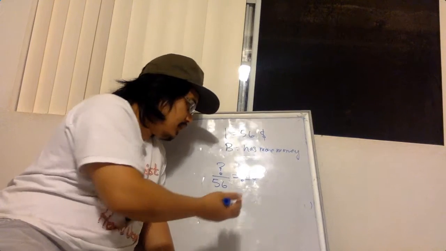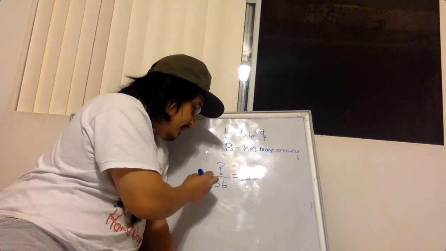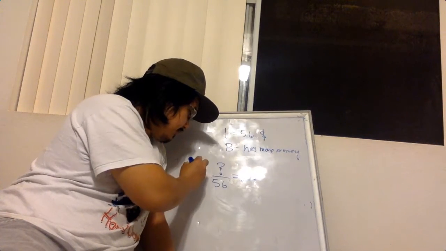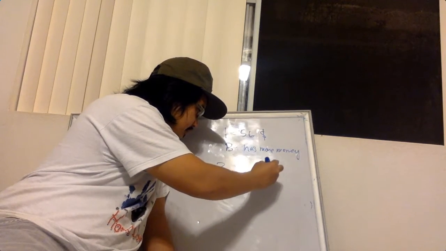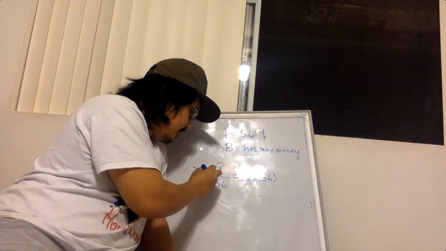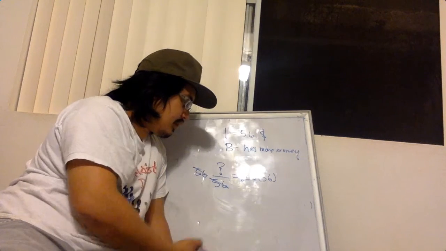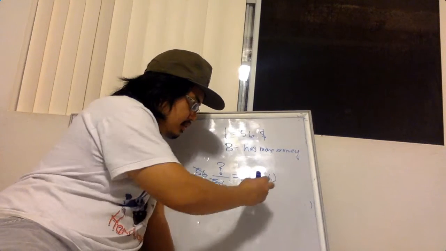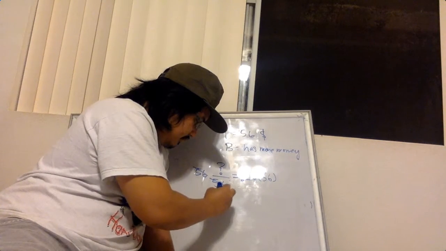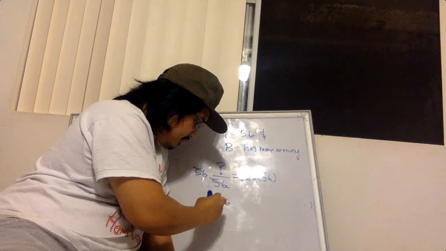All right. In order to get rid of this 56, I just multiply. And so I have 0.20 times 56. All right, let's do that over here on the side. 56 times 0.20.